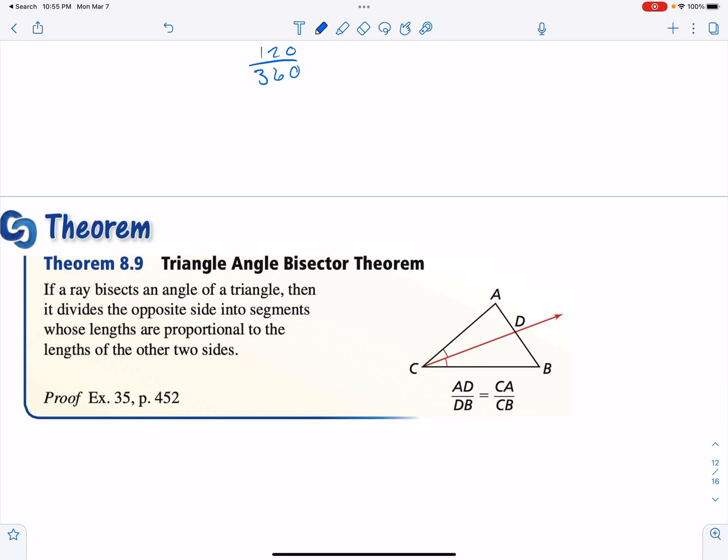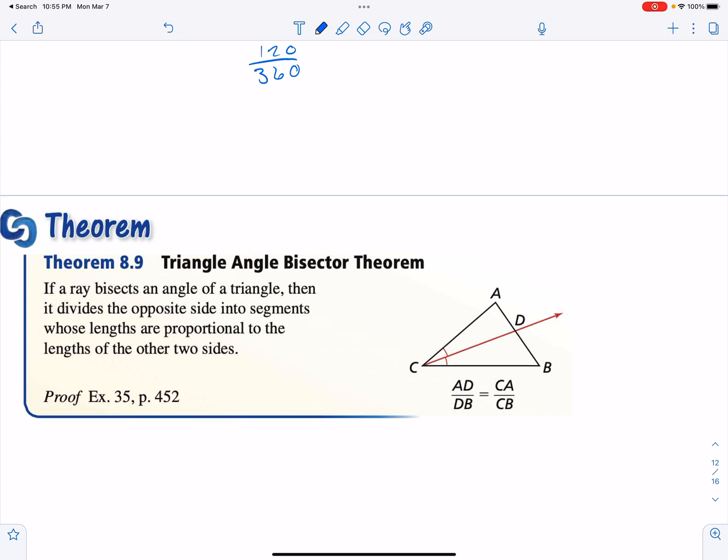Okay, another theorem, we have the triangle angle bisector theorem. It says if a ray bisects any angle of the triangle, then the ratio of the leg, I want to be able to phrase this correctly, it's the ratio of the side that is being bisected over the other side being bisected is equal to the adjacent over the adjacent.